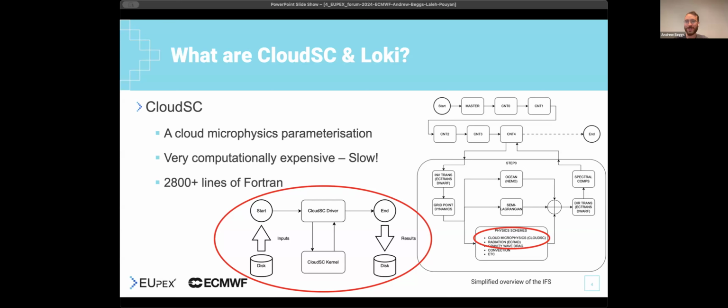I would be very bold to show this diagram to some of the other scientists, but it gives a brief overview and shows you where CloudSC lives. As you can see, I've expanded the design of CloudSC here. It's basically just a kernel that's been extracted from the IFS. We have a driver loop, and we like to look at it because it represents other physics schemes very well.